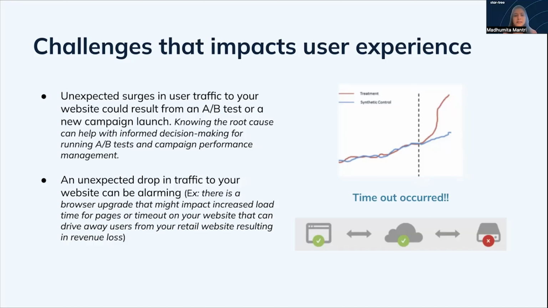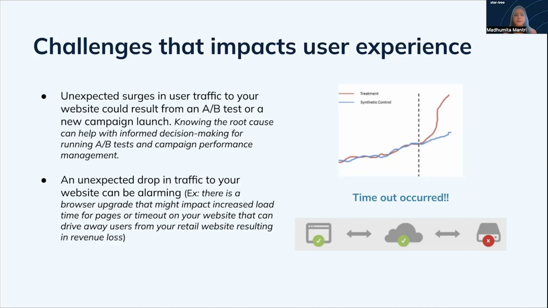In this case, knowing the root cause would truly help you to, one, optimize your A/B test and what feature you're rolling out. At the same time, you can correlate events like campaigns that are being run at the same time, and whether that is contributing to the spike or drop. So that's one of the examples.